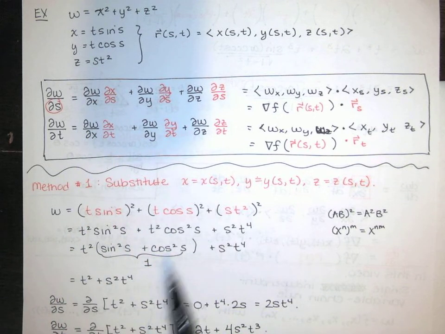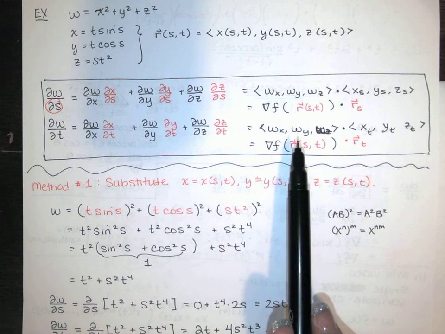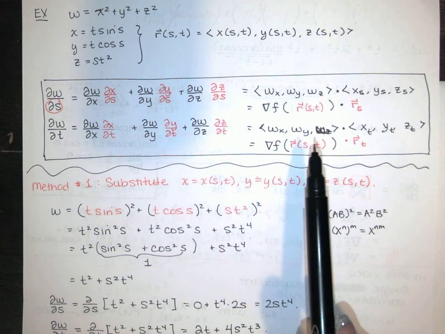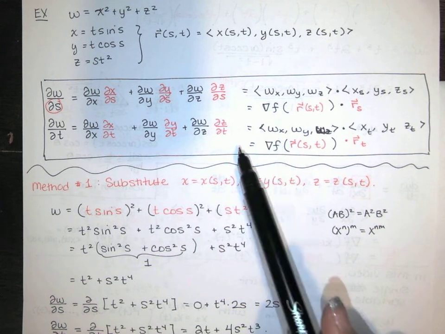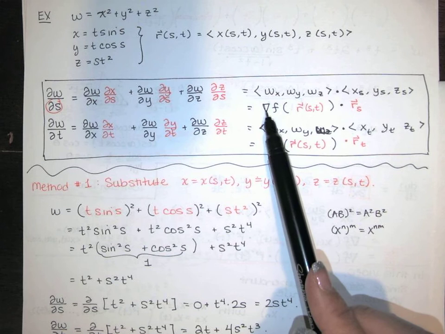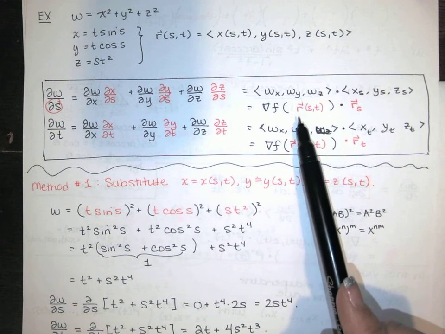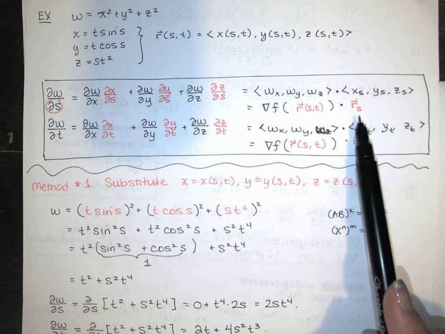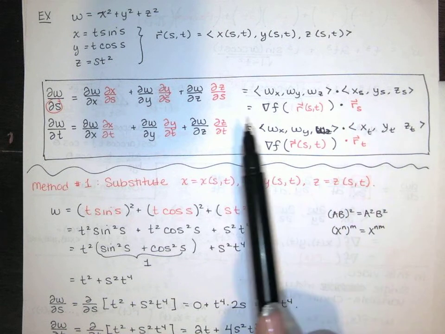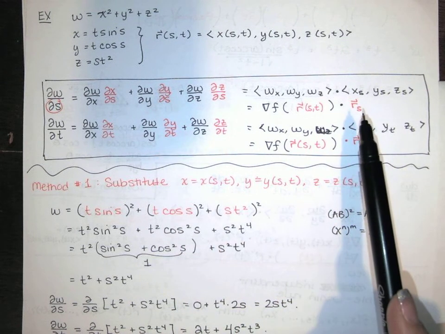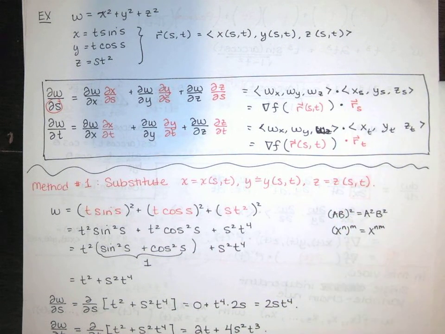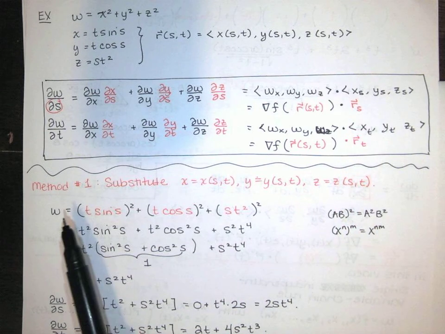Of course, this can be written in a shorthand, which looks much more like our Calculus 1 chain rule. It's the gradient of the outside function evaluated at the inside function, dotted with the derivative of the inside. If the inside function depends on two variables, it's a partial derivative of the inside with respect to the appropriate variable.